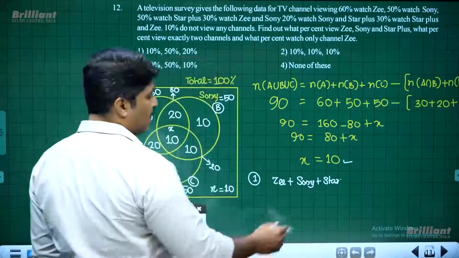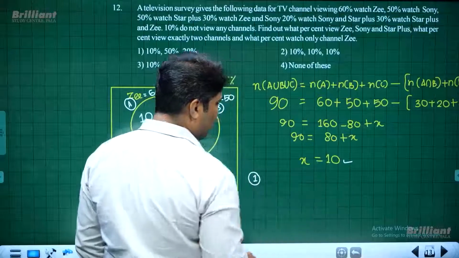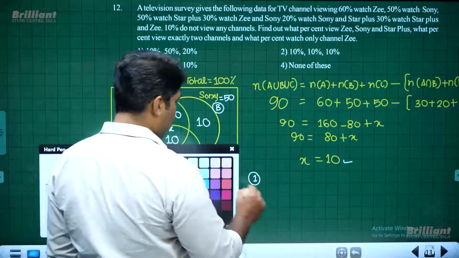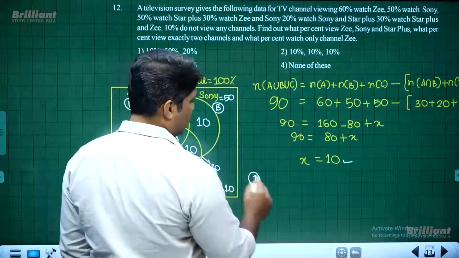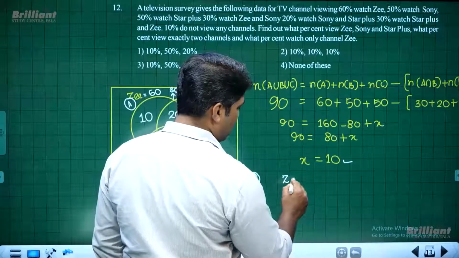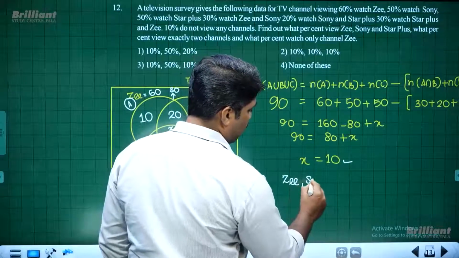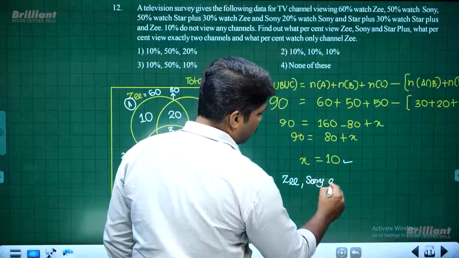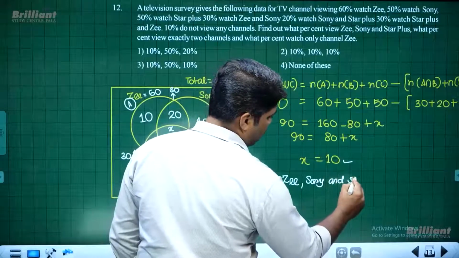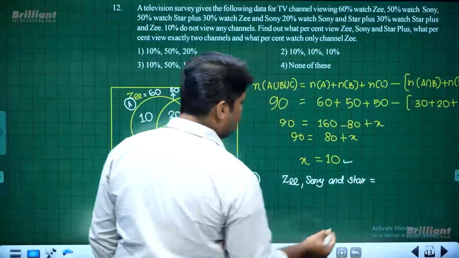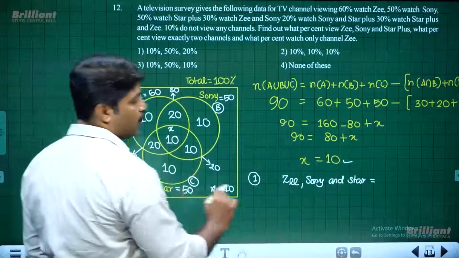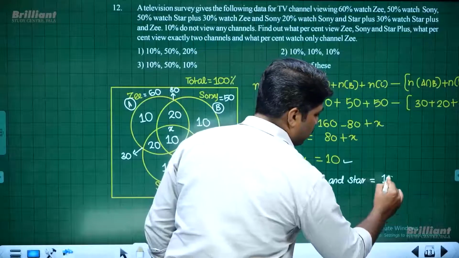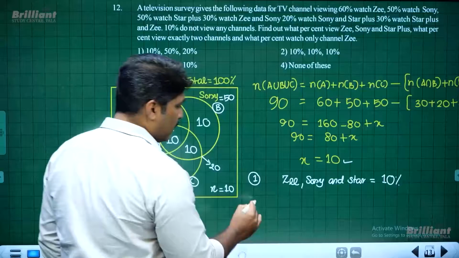So how can we write it perfectly? This is C, Sony and Star Plus. That's very important. So that is this joint, combined region, and that is 10%.